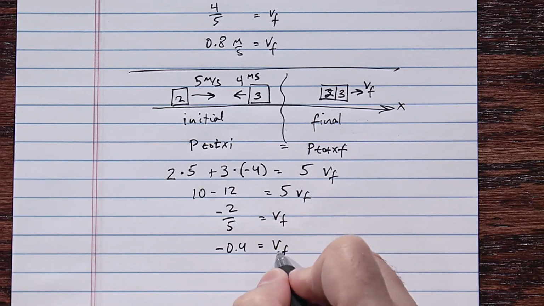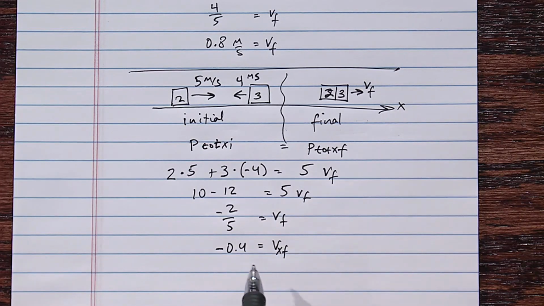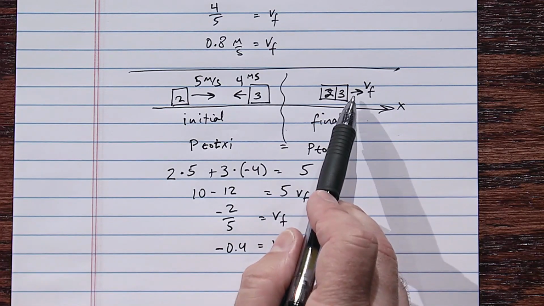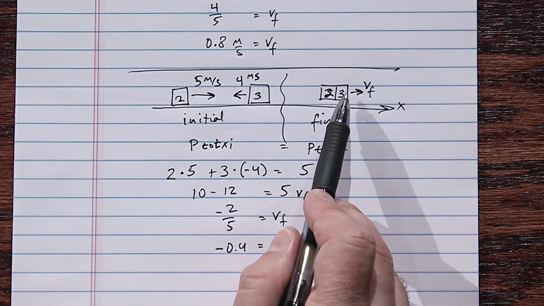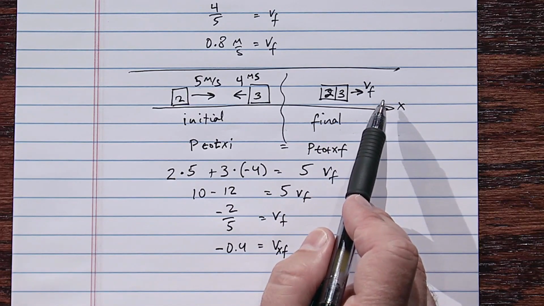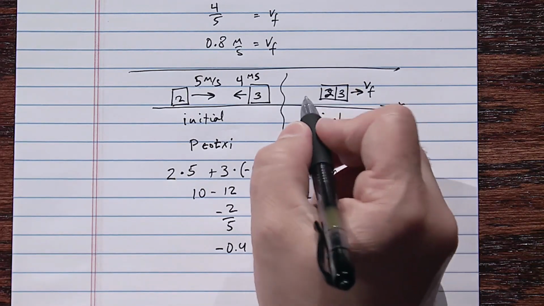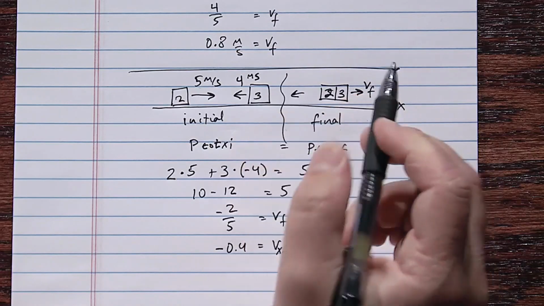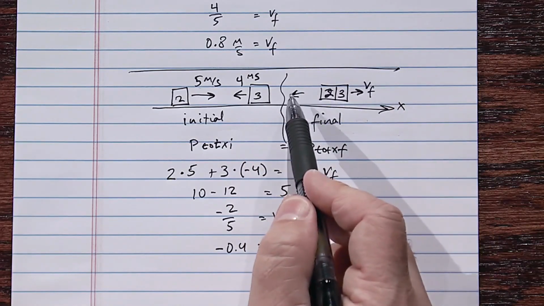And really this should be vx final. So we get a negative number for our final velocity. That's okay. All it means is that we chose the wrong direction up here. The final mass is not moving in the positive x direction afterwards. It's actually moving in this direction after the collision.